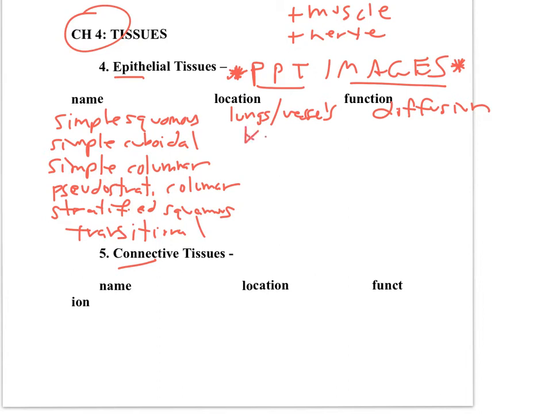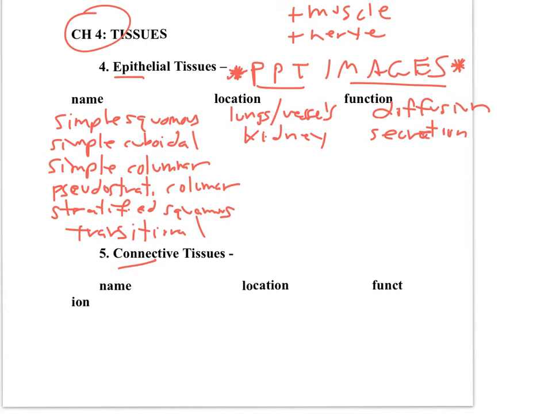Simple cuboidal cells were these big tubes, or kidney tubules. The function here would be absorption and secretion.